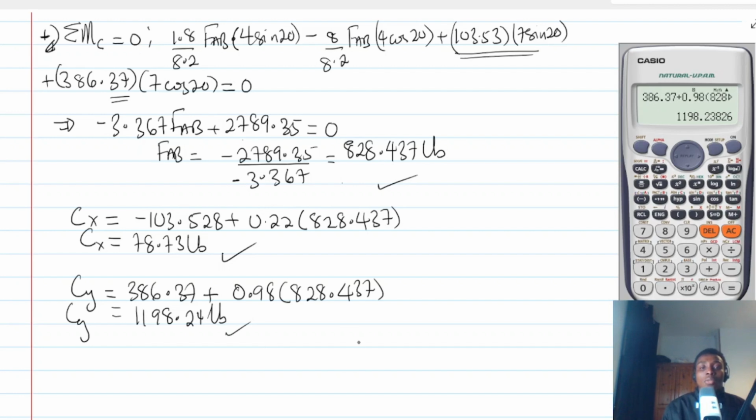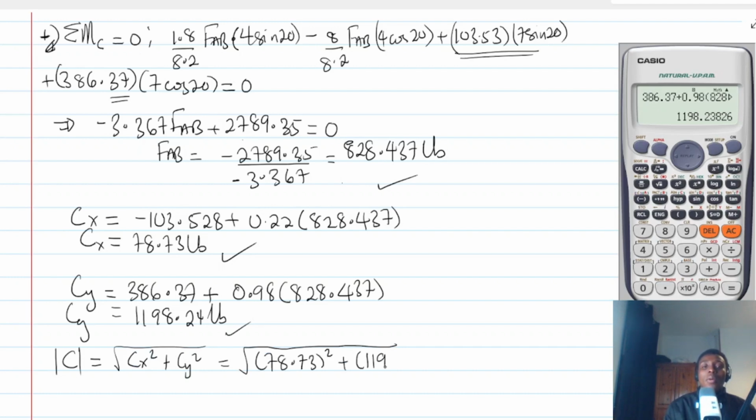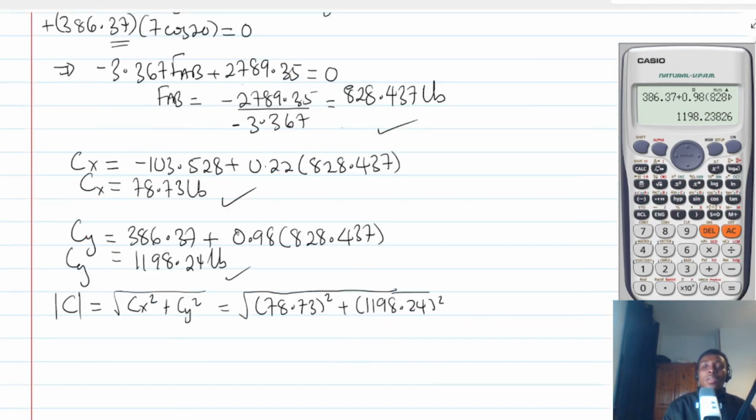Okay. So from here, we can go straight forward and solve. Let's find C. The magnitude of C will be the square root of CX squared plus CY squared, which is what? So CX is 78.73 squared plus 1198.24 squared.